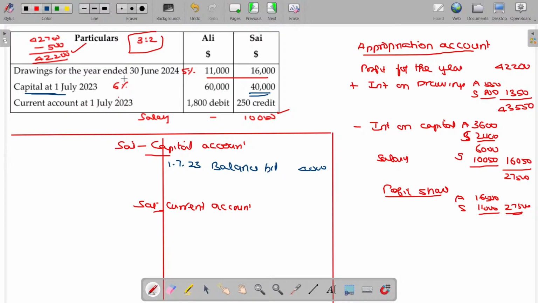And year end being the next year, 30th June 24. Balance carried on, also being the same, 40,000.